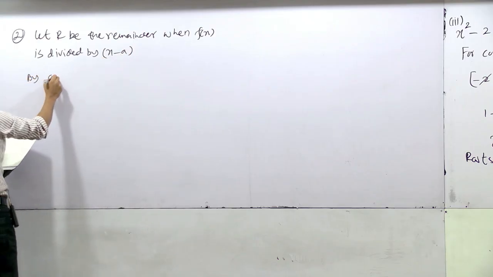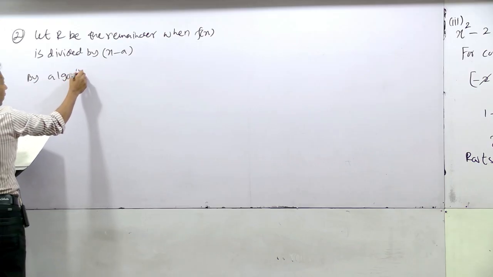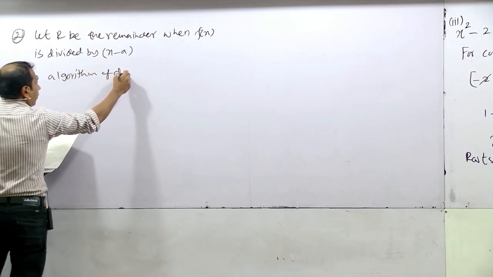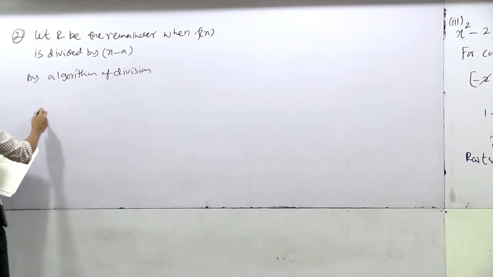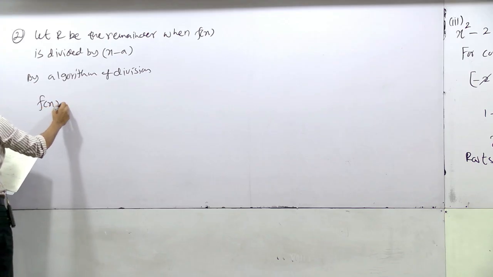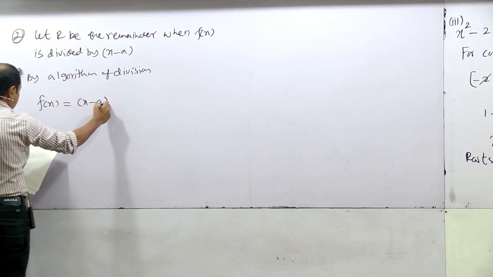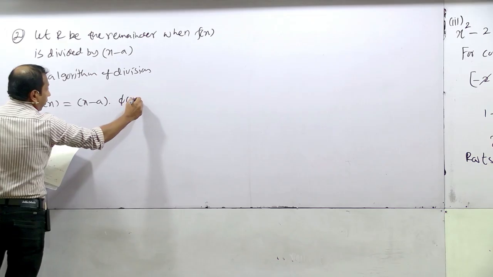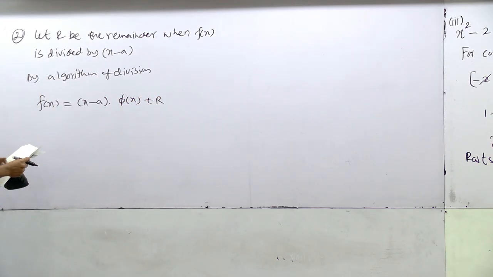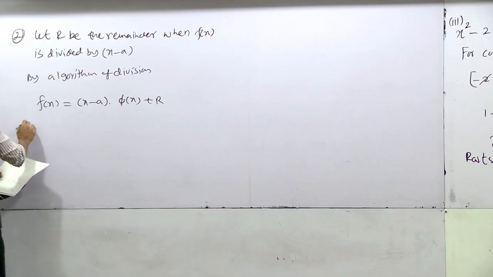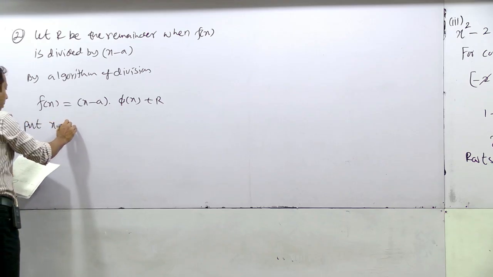Now we can write, by the algorithm of division, f(x) is equal to (x minus a) times q(x) plus R. This way you can write. Now we can put x equals a.